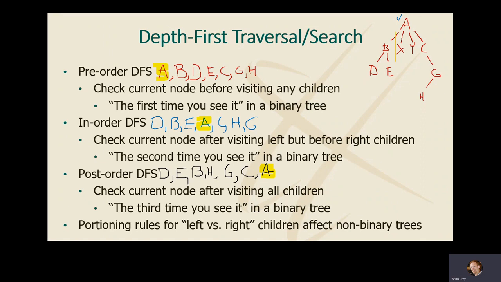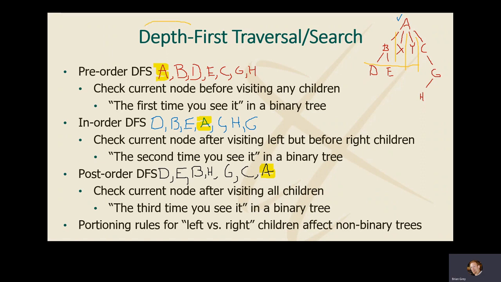We could say, hey, only the leftmost child is the left and everything else are the right children. Or we could say after the second child, or after the third child, or say before the last child, everything before the very last one are the left nodes. It is implementation specific. So this is the tricky part.